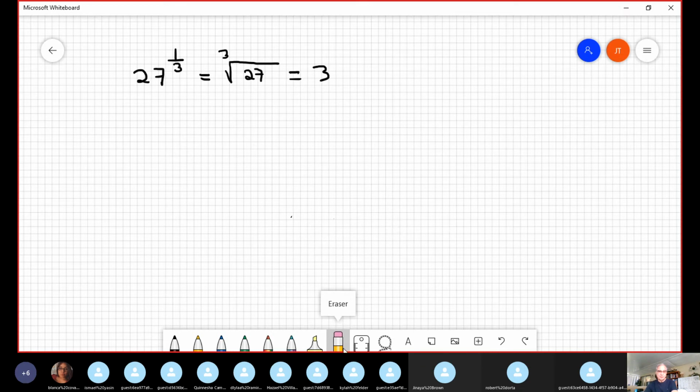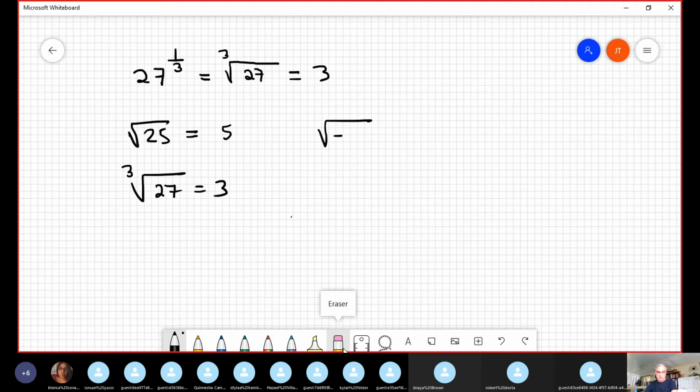Suppose we have square root of 25, is 5. And suppose cubic root of 27 is 3. Nice. But suppose square root of negative 25. When you put a negative inside, this is no solution, or no real solution.